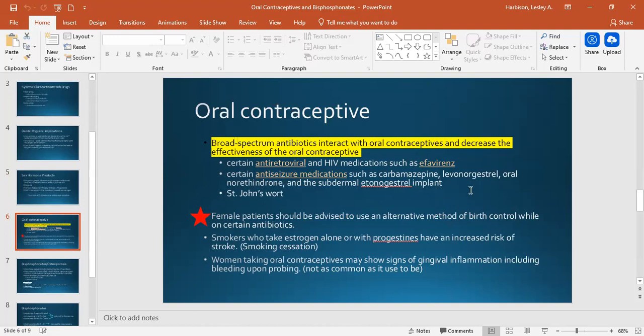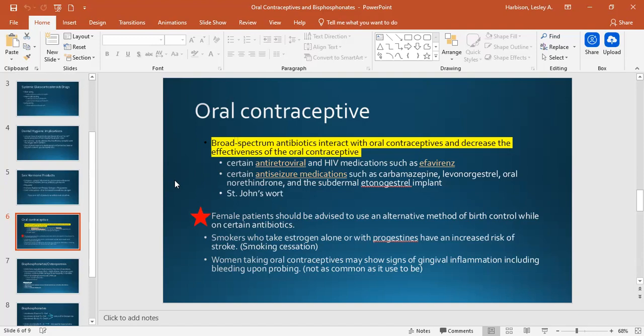I'm not going to read all these: levonorgestrel, norethindrone. I would have failed so hard in pharmacy. I don't know how they memorize all these names, but anyways, St. John's wort. So oral contraceptives can interact with these medications as well.